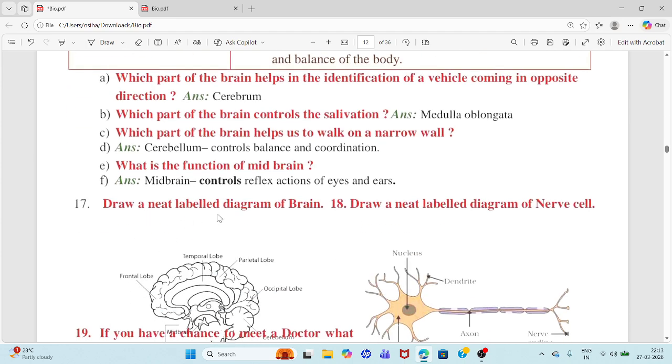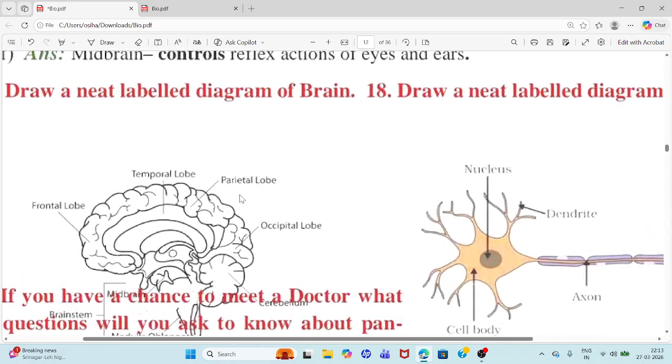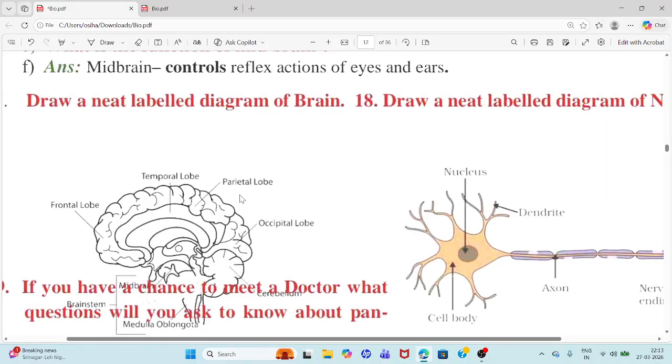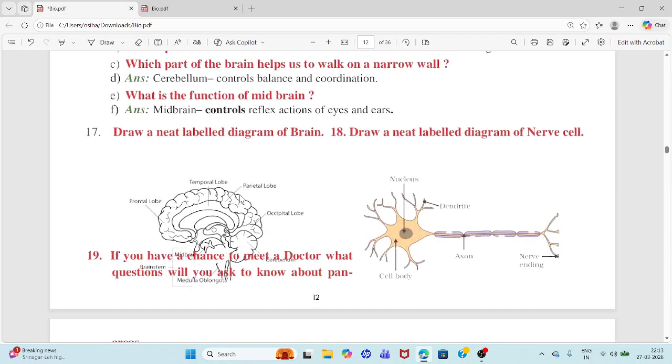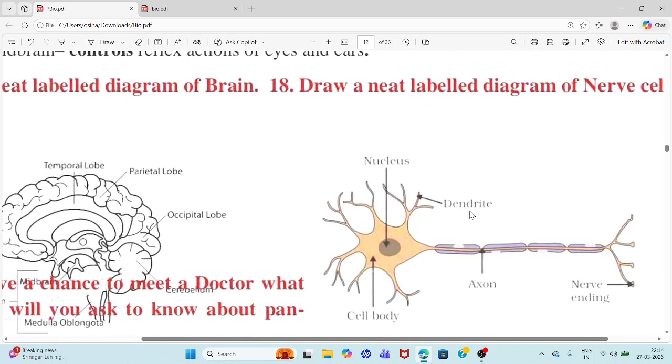17th. Draw a neat labeled diagram of the brain. You have to draw the brain and label it neatly. You can see it here. Take a screenshot and practice. Now 18th. Draw a neat labeled diagram of a nerve cell. So this is a nerve cell.